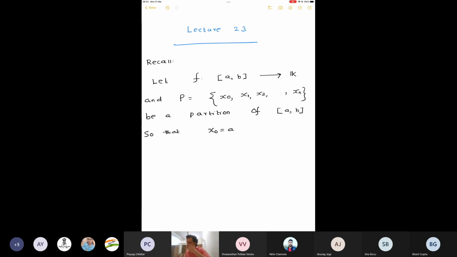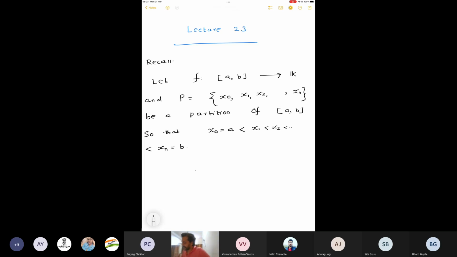As you know, a partition demands that x naught is the left extreme point of the interval. Further, x1, x2, x3, etc., xn are strictly increasing and xn coincides with the right extreme point of the interval.